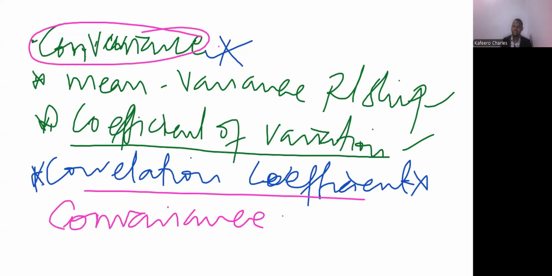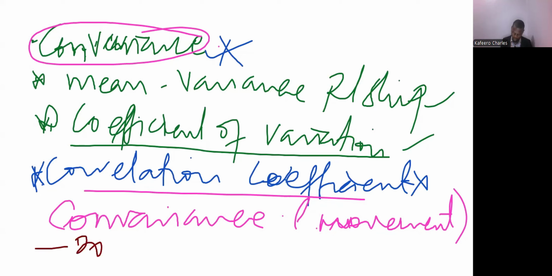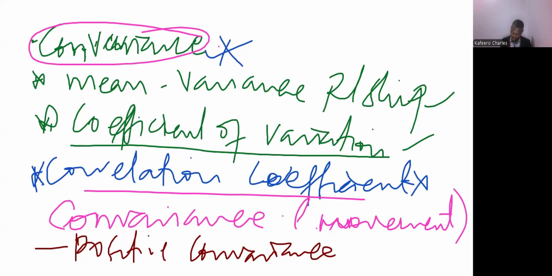Now, covariance, it shows movement. It's more of movement or spread. It shows movement. Now, the answer could be a positive covariance, or it could be a negative covariance.